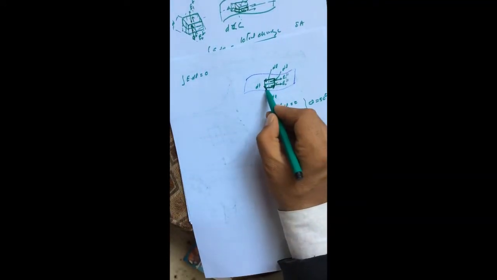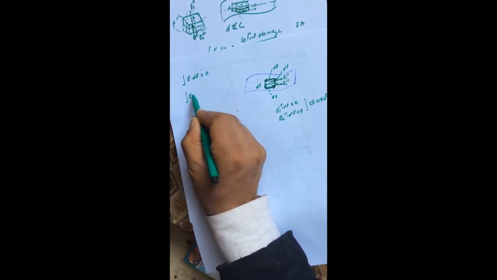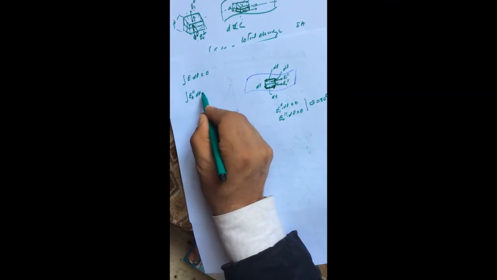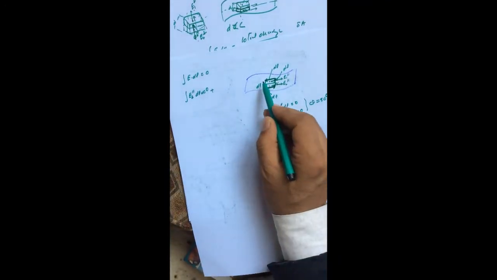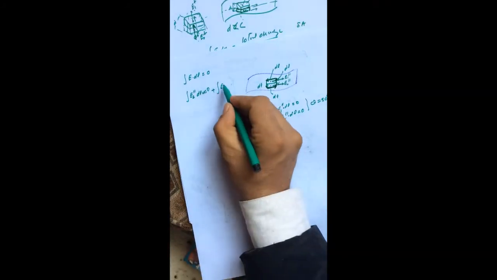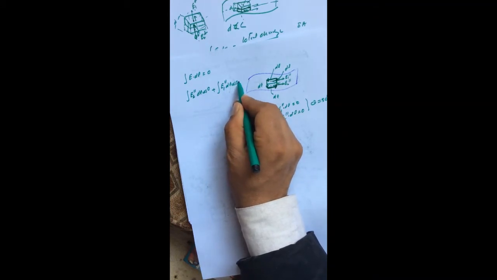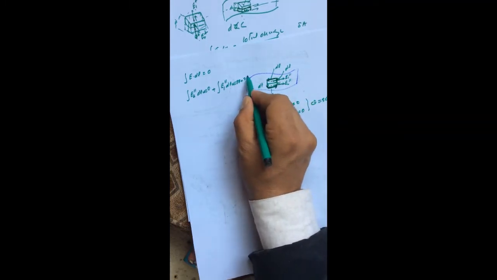Now E2 parallel along this path, and dl, they are parallel to each other. So we have E2 parallel dl cos 0 plus along this path we have E1 parallel, and we have dl cos 180 because the dl direction is this one while the electric field direction is this one, is equal to 0.